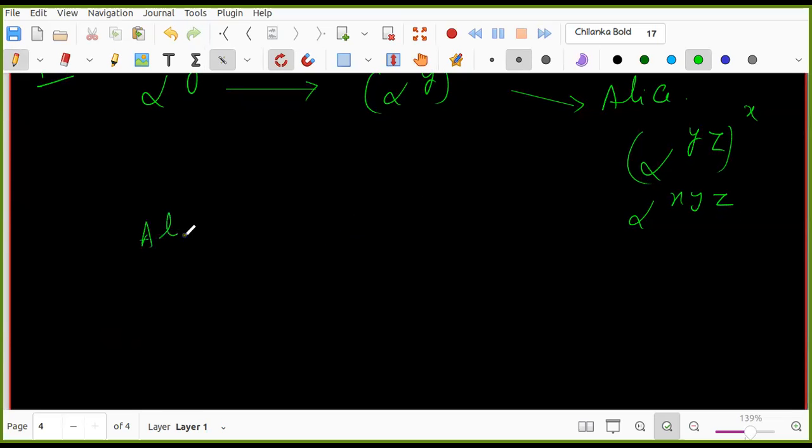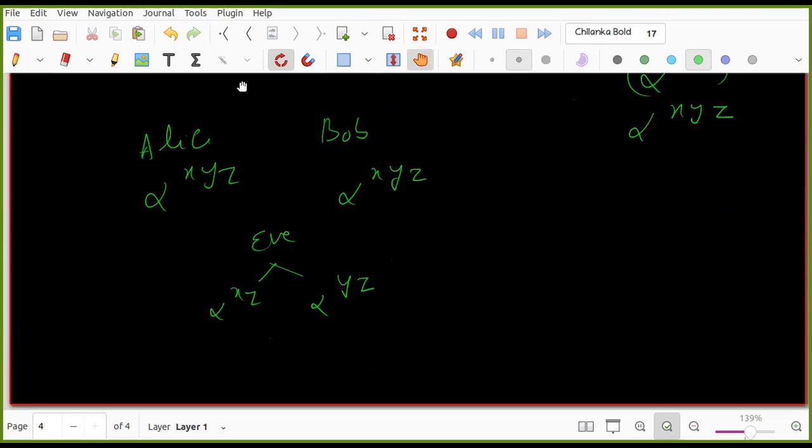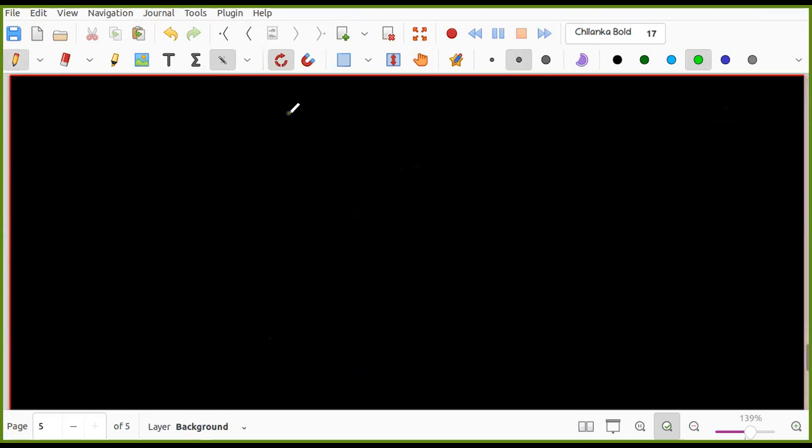Alice and Bob know alpha power xyz, but Eve does not know. Eve knows only two things, alpha power xz or alpha power yz, correct? But xyz, still the same problem. She has not gained anything with this. But what happens if you do some modifications? Can you come up with one?